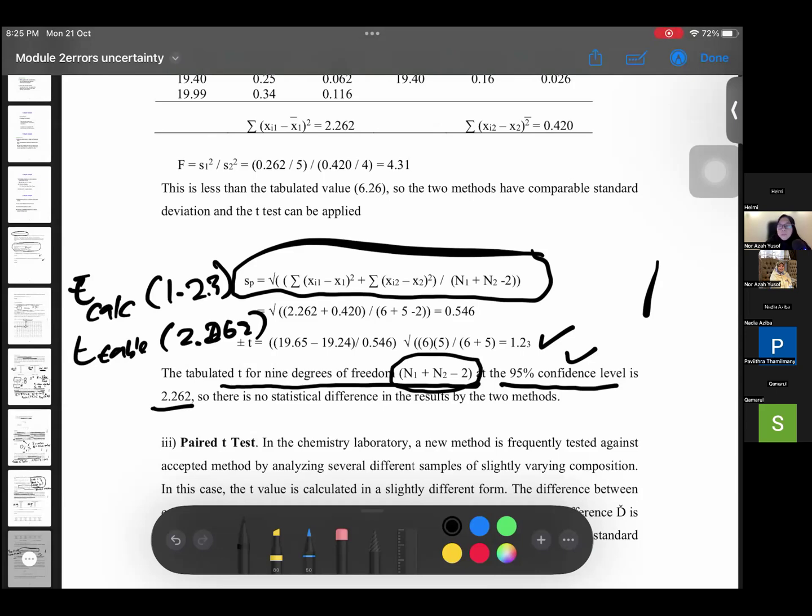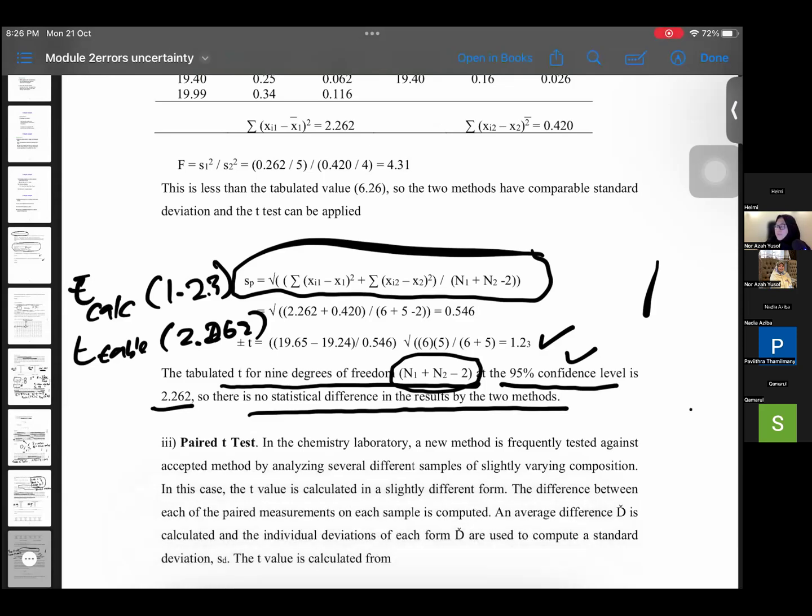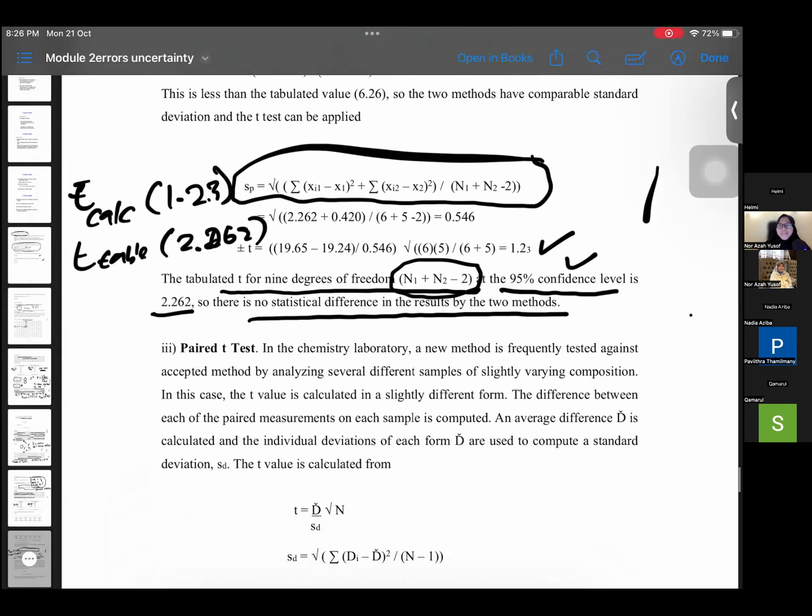Then the conclusion is there is no statistical difference in terms of mean, if you want to be specific, in terms of accuracy, in comparing the two methods. The conclusion is very important when you are answering T-test, F-test, Q-test, because that is the ultimate aim. You want to conclude. Okay, any question up to here? Okay, so far so good.